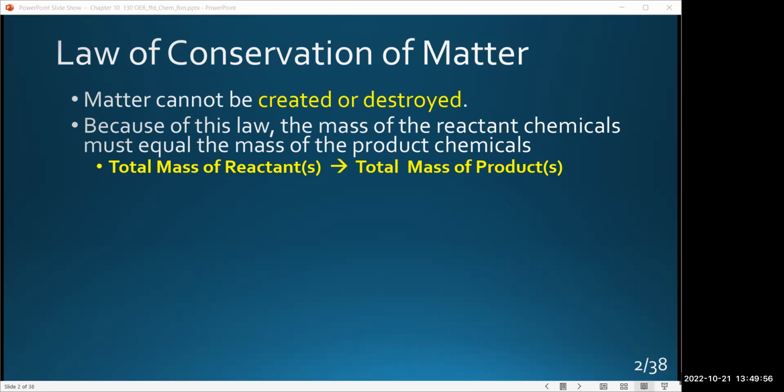When we were doing face-to-face, I had a little experiment that I could demonstrate in class, showing this actual conservation of matter. Let me see if I can draw it out. We've all seen an Erlenmeyer flask, I'm fairly sure in the lab part you've seen one. It looks something like that. I'm not an artist, so bear with me.